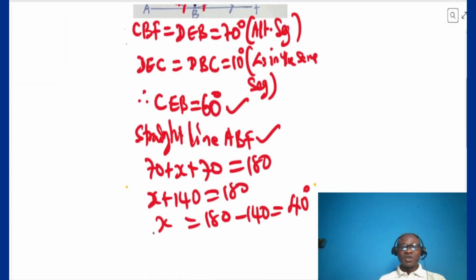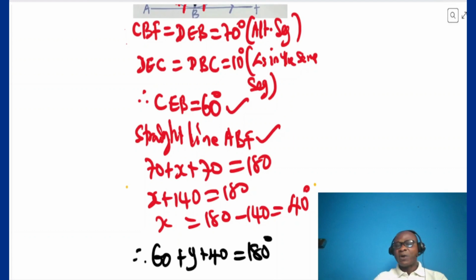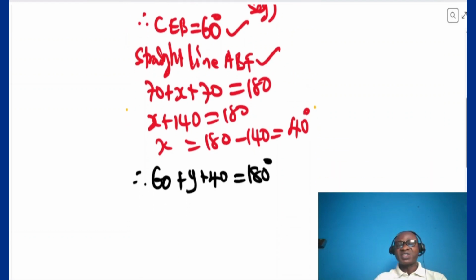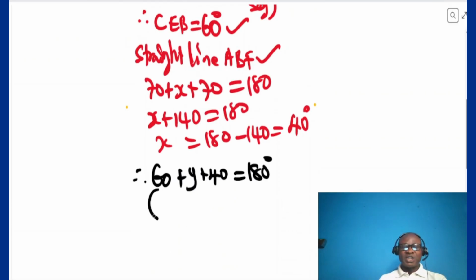So therefore, I can say 60 plus Y plus 40 is equal to 180. And I will put down my reason. My reason is sum of angles in a triangle. You can see I identified that place with a black pen.